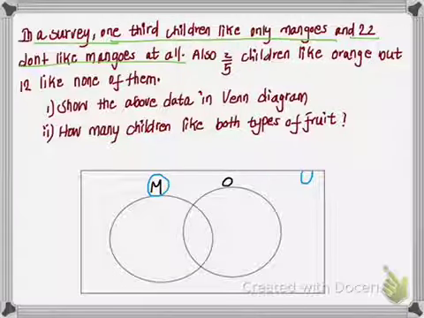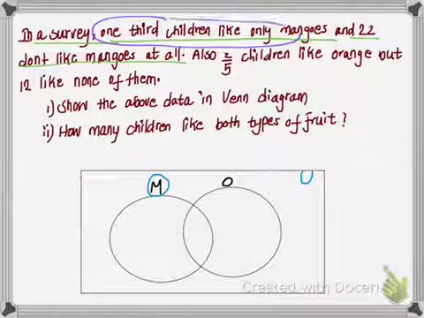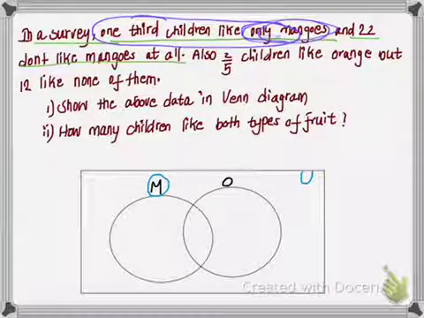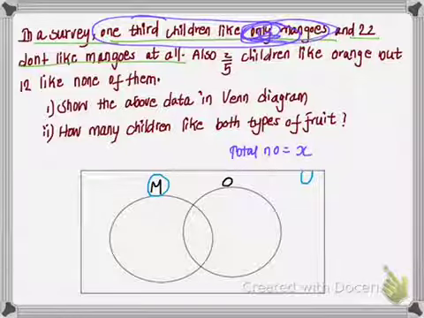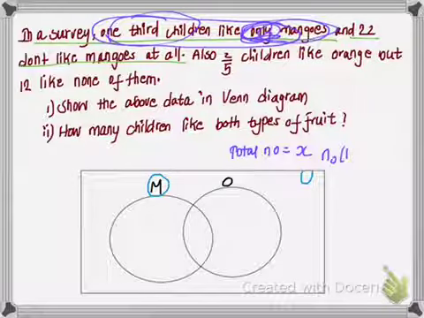Now, since we've been given that 1/3 of children like only mangoes, and we don't know the total number of children in the survey, I'll suppose that the total number of children is X. So 1/3 of children means the number of children who like only mangoes.